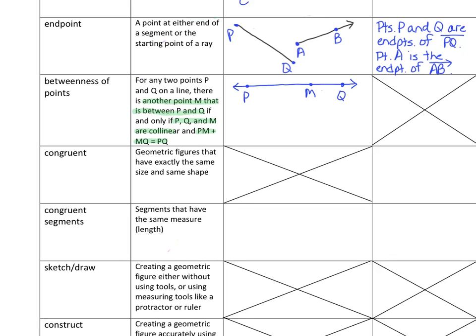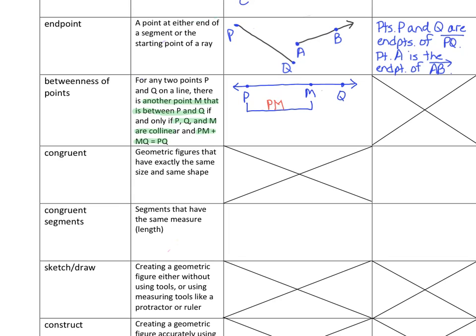So I have portions of this line. My first portion here from P to M, I'm not naming it, I'm just going to say it has the length PM. So if I was measuring, that would represent an actual length, a unit of measure.